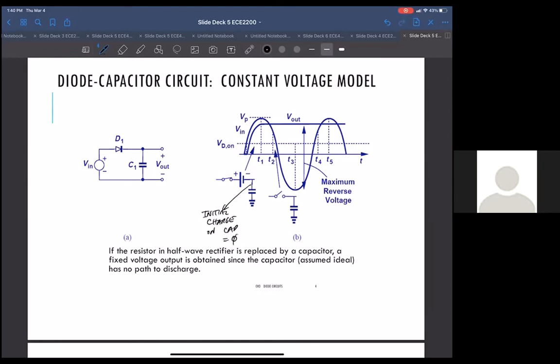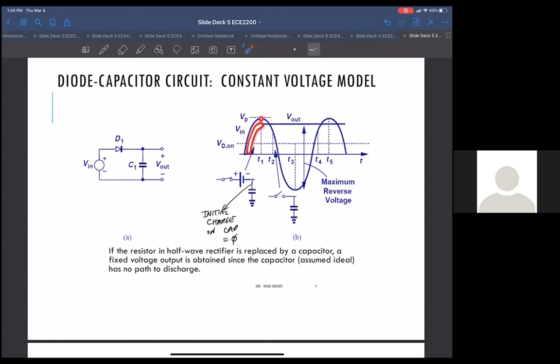Okay, so the capacitor starts with 0 volts here. And that means as soon as the Vin gets larger than a Vd on, starting here, the diode is going to turn on, and the capacitor is going to go up to the value where the Vin peaks.